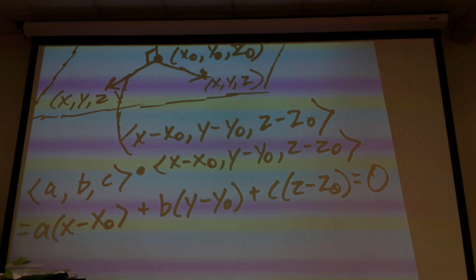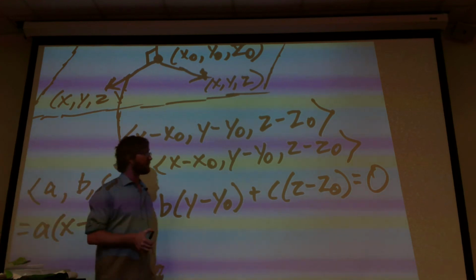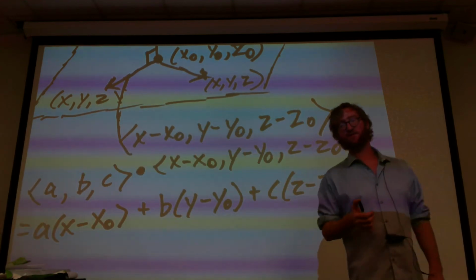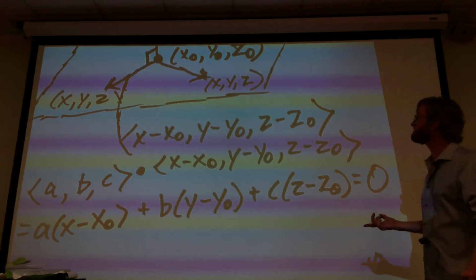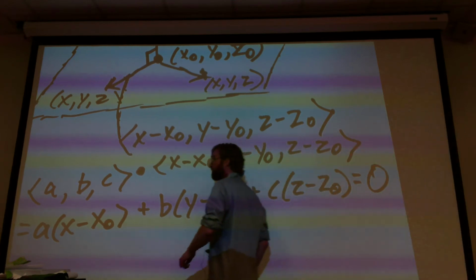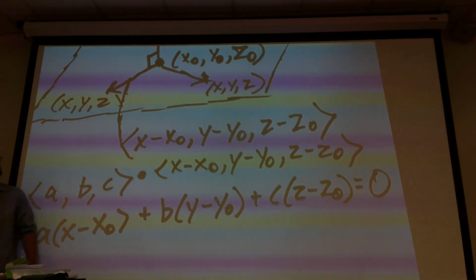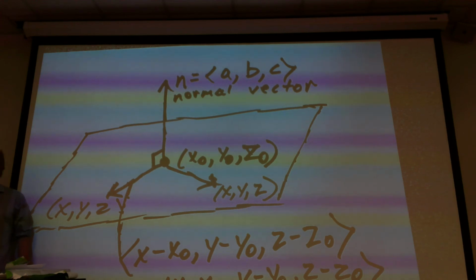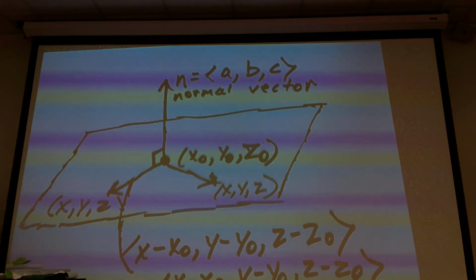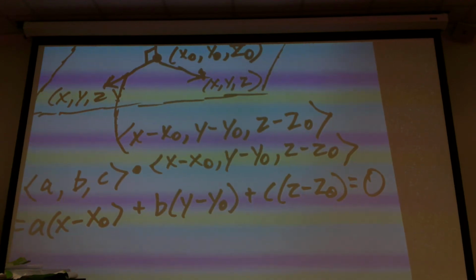So what does this mean? Because of the dot product, this allows us to describe a plane. The normal vector that is perpendicular to the plane has a dot product with any vector that exists within this plane of 0. So what is the equation of a plane? It's that right there.